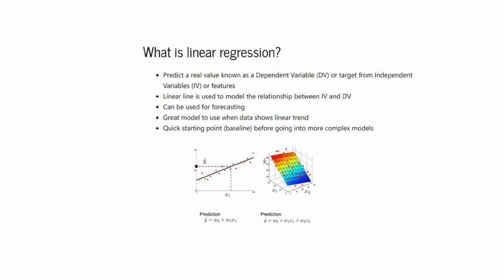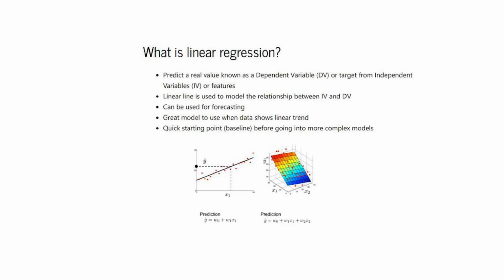So linear regression is basically a way to predict a real value known as the dependent variable or the outcome, which we refer to as y, based on the independent variables or the features that we represent as x. So for example, when we want to predict the price of a house, that will be our dependent variable y, and based on the number of rooms in the house or the number of floors in the house, which are the independent variables or the features, which we refer to as x.